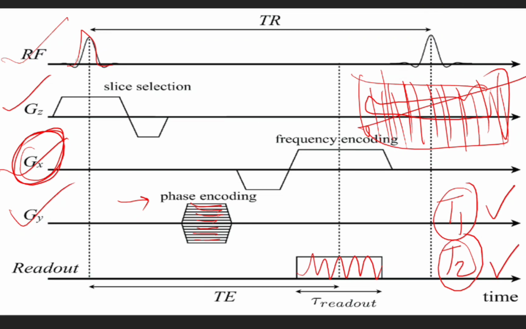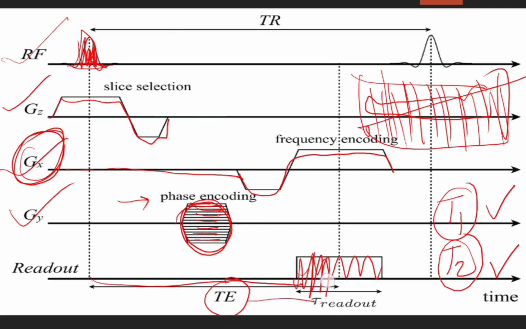After the 90-degree pulse, the slice selection gradient is applied, the phase encoding gradient works, and frequency encoding reads your data. After the TE time, you get the echo. This is your MR echo, so TE, time of echo, is the time when you get the MR echo.